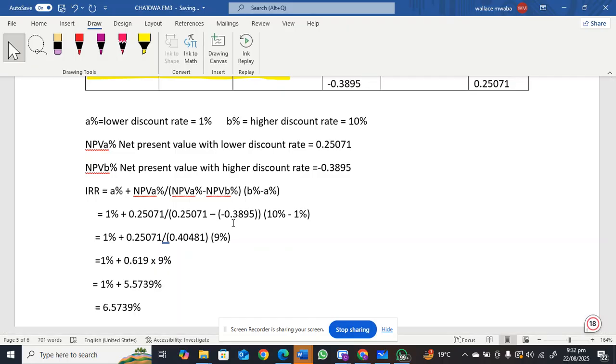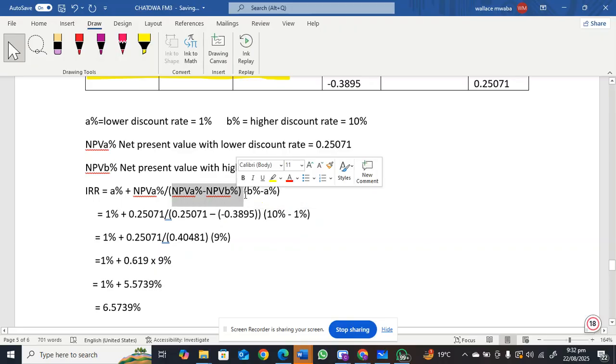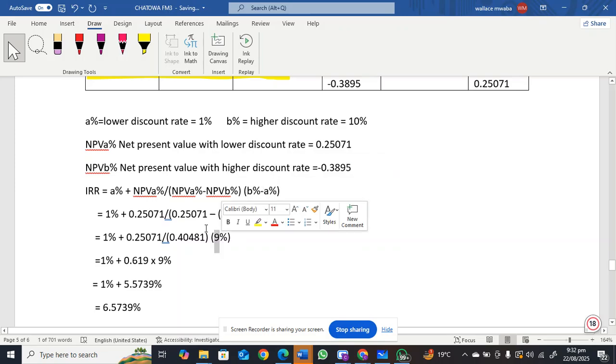0.25071 plus 0.3895. This negative and negative you make positive, so you're adding. Okay. You start with what's in the brackets here. You subtract these 2, subtract also these 2 here. 10 minus 1, that is 9. 0.25071 minus this number.